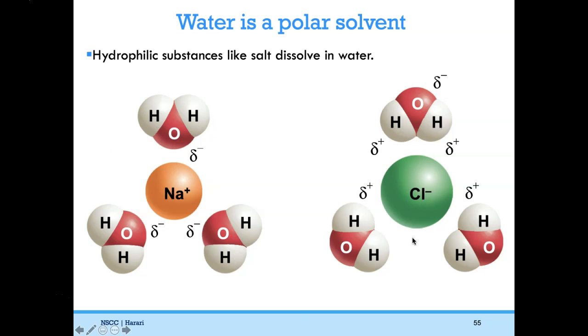And since chlorine, or I should say chloride, is negatively charged, the partially positive hydrogens of the water will face it, and then the opposite will happen with this positively charged sodium ion, right? So the negatively charged oxygens will be facing this sodium ion. So that's what happens when you dissolve salt in water.